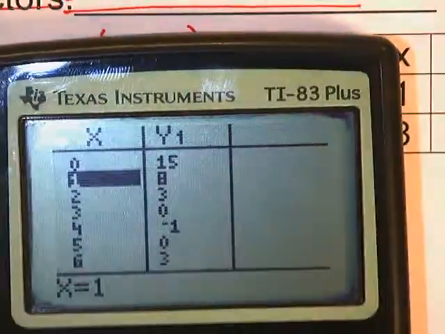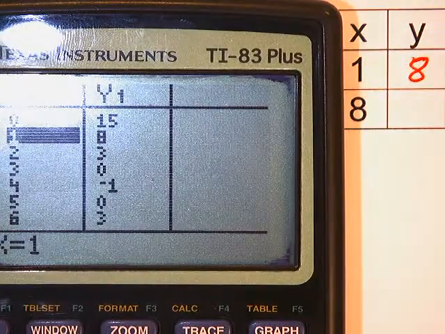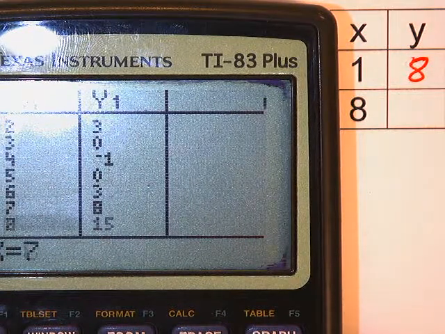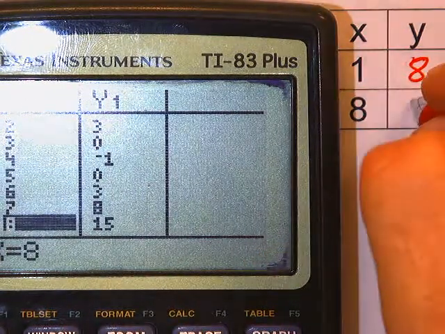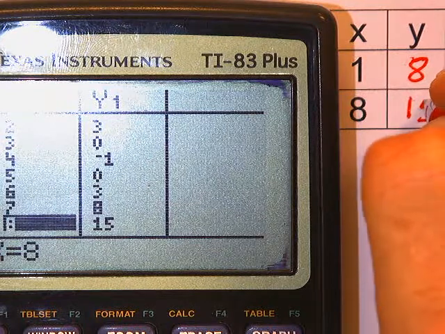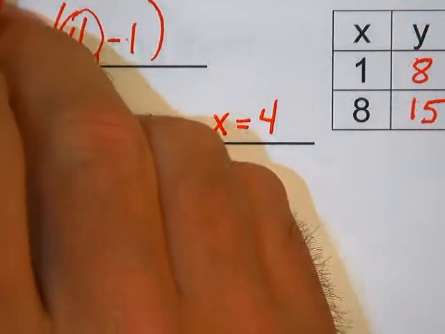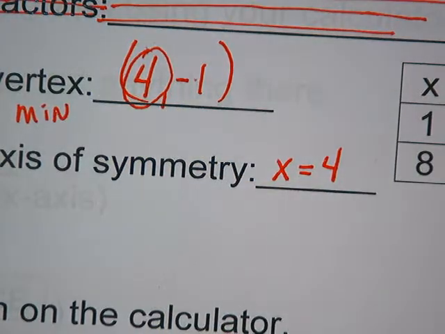When x is 1, y is 8. When x is 8, so scroll down to 8, y is 15. Now, let's find the x-intercepts. We zoom back out again.